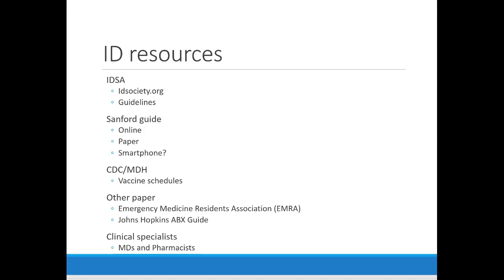The Sanford Guide is something that you might see. It comes as a little small paperback book that's maybe about 3 inches by 4 inches. And the nice thing about the Sanford Guide is it has pretty comprehensive bacterial susceptibilities cross-referenced to different antibiotics. So what it'll show you is, let's say you have an infection that comes back as E. coli, and your patient has a bunch of allergies that they're reporting.